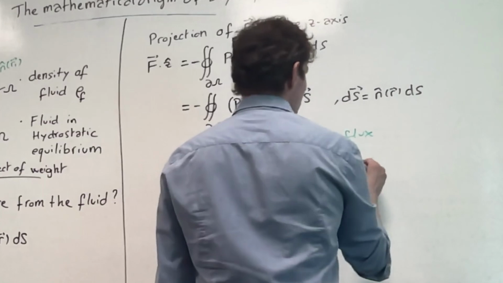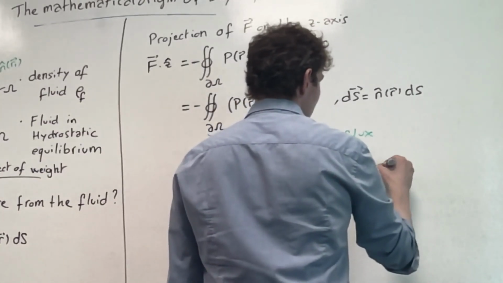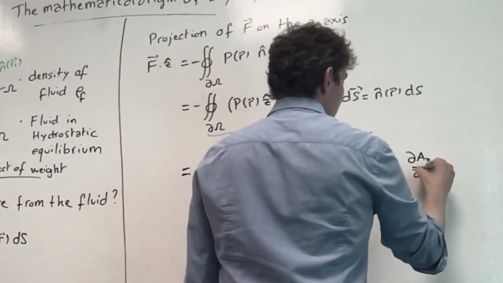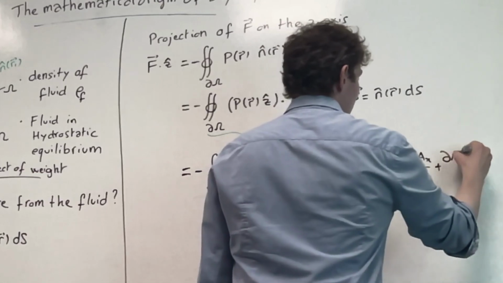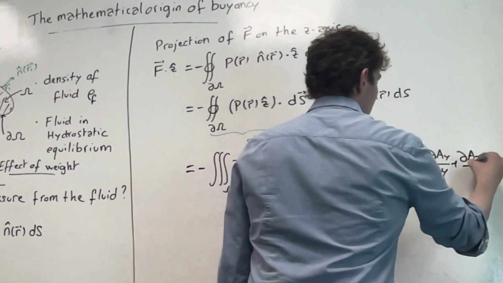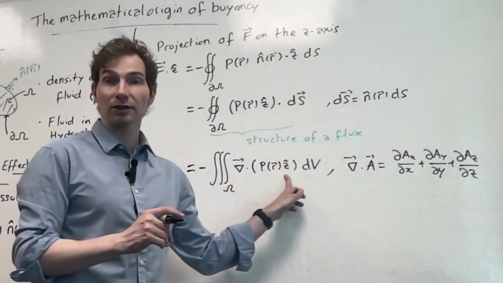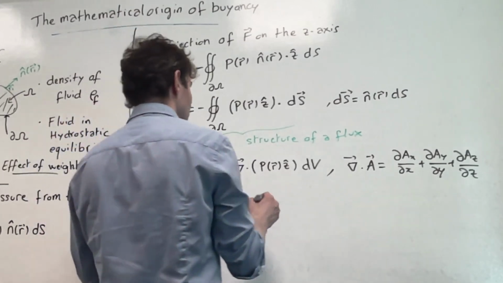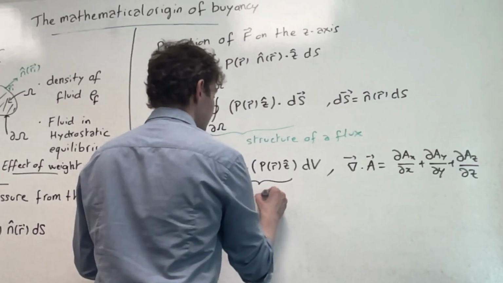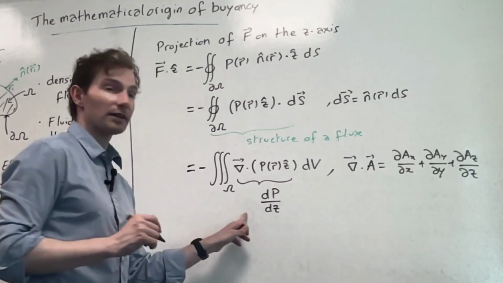Now the divergence of any field A is equal to dAx/dx plus dAy/dy plus dAz/dz. But as it turns out here, I've only got a z component. So actually, this is equal to simply dp/dz.